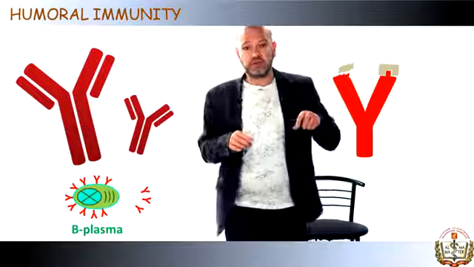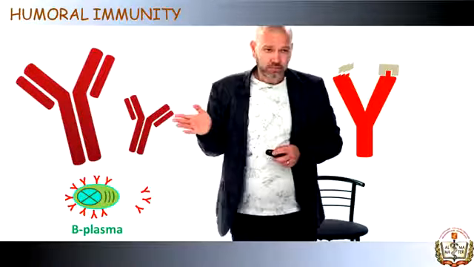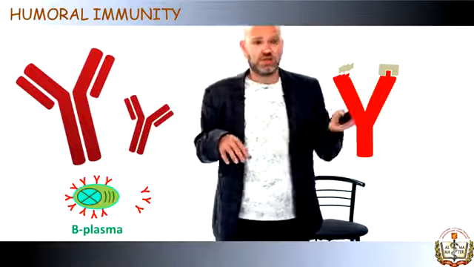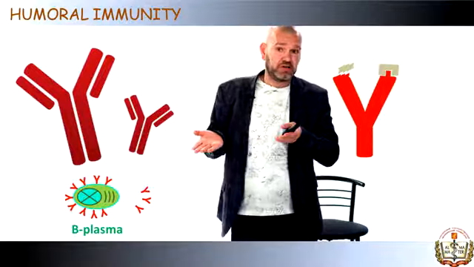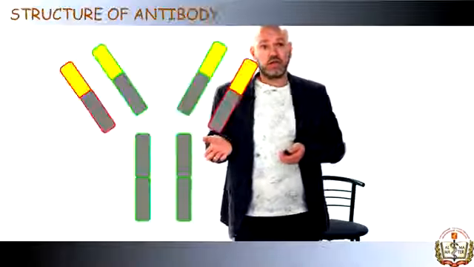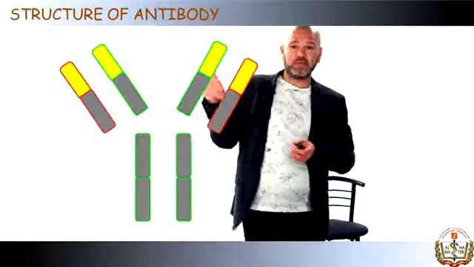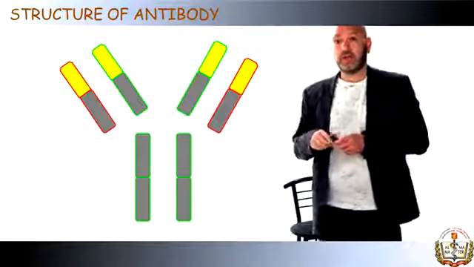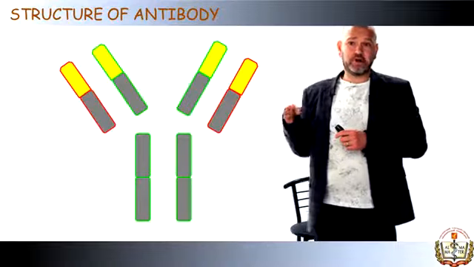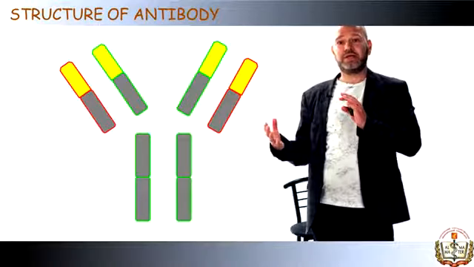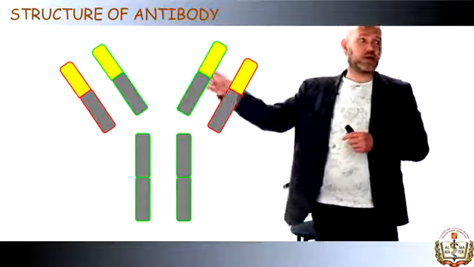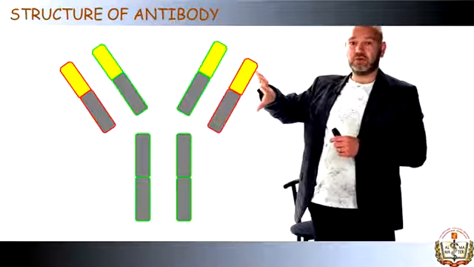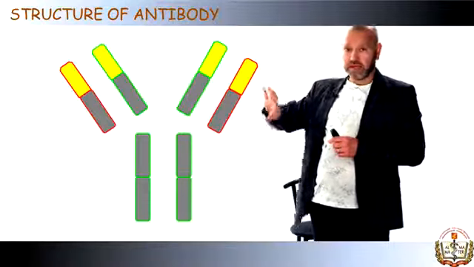abbreviated Ig. And that is the classic schematic Y-shaped molecule. It is shown like that because it is the real shape of the molecule. Looking at the schematic, it would be more correct to show it something like that. So the structure of the antibody is symmetric, as you can see, and consists of two identical heavy chains marked with the green lines and two identical light chains marked as red lines.